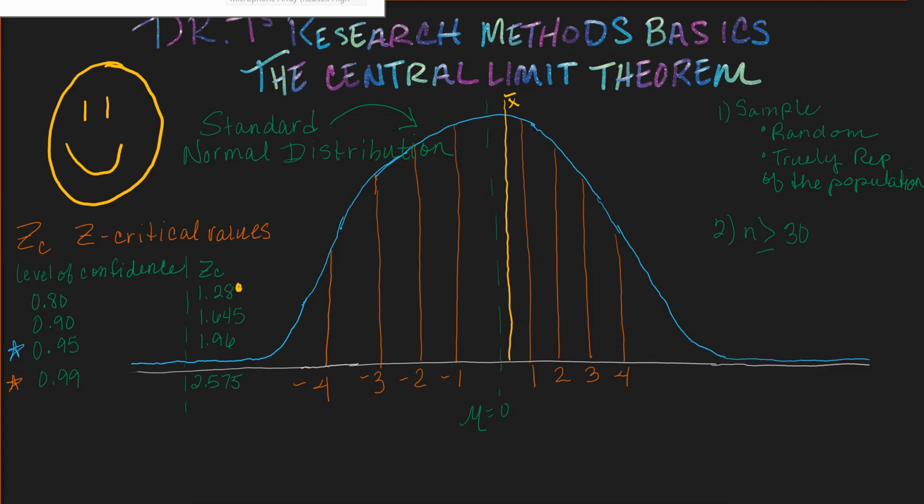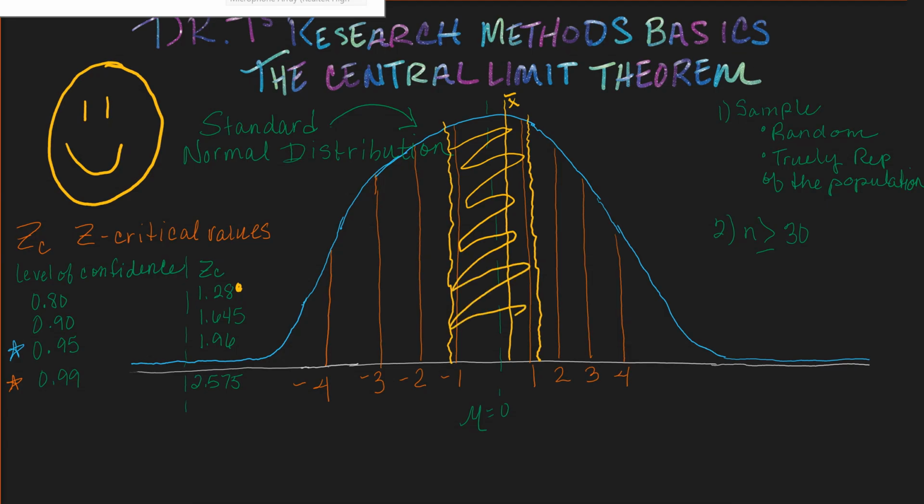Then we're going to use z-critical values, 1.28, probably about here. And a negative 1.28, about here. We can be 80% sure that our sample mean falls within 1.28 standard deviations of the mean.